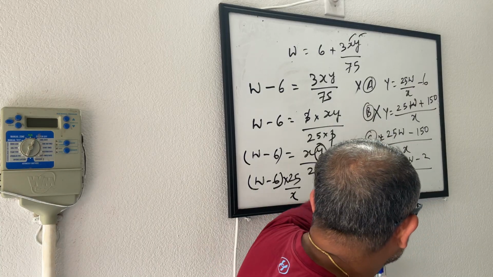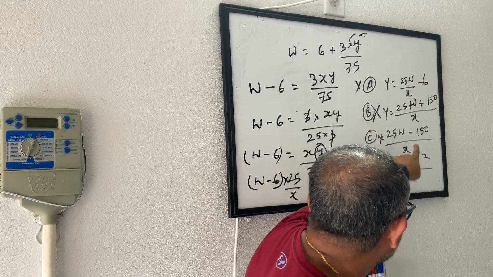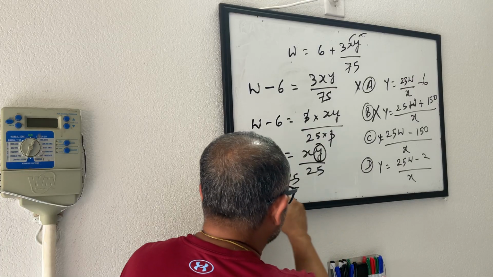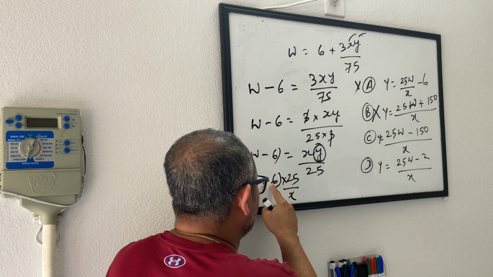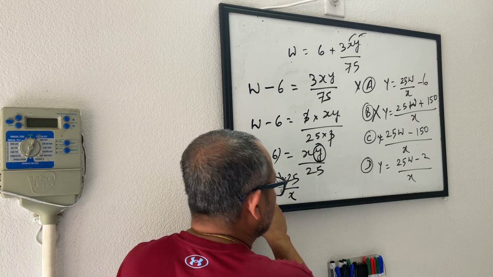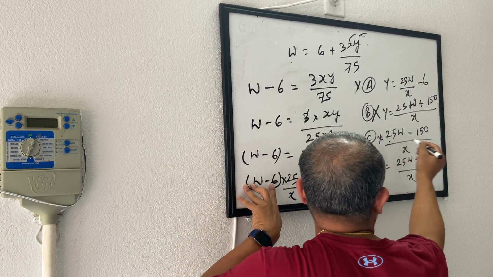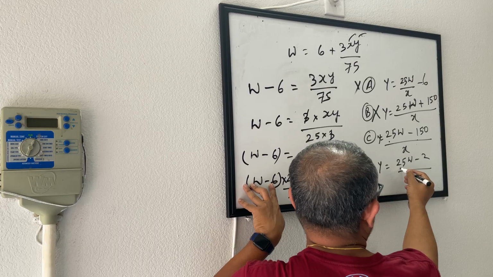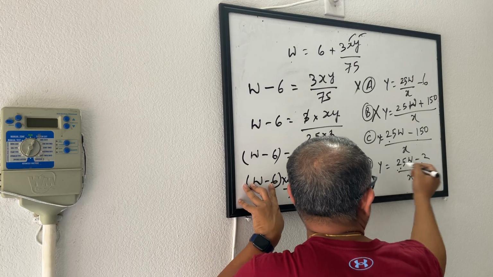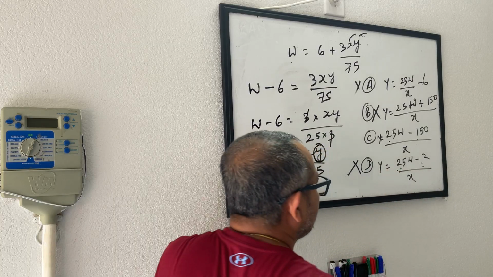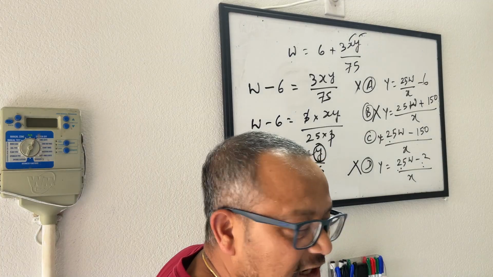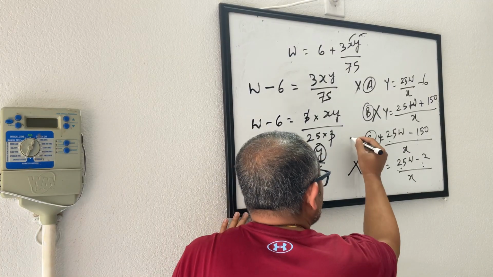So between this one and this one, 25W minus 150. See, 25 into 6 will be 150, 25 into W will be 25W. So 25W minus 150. The other option doesn't hold any chance here. So we are only talking about this one.